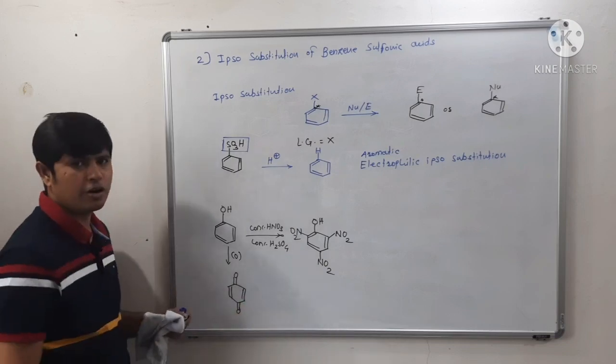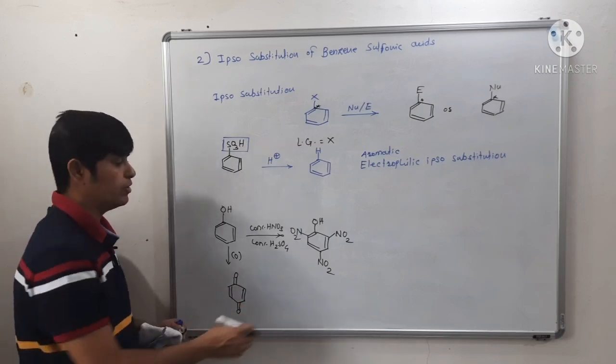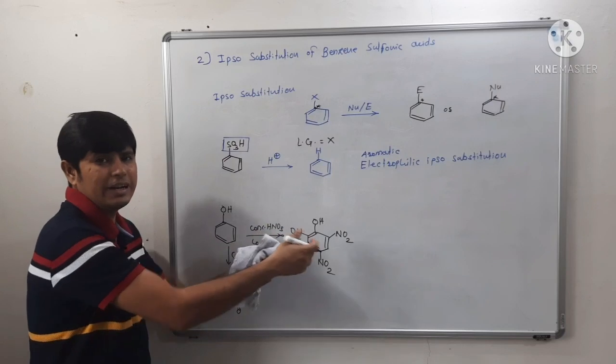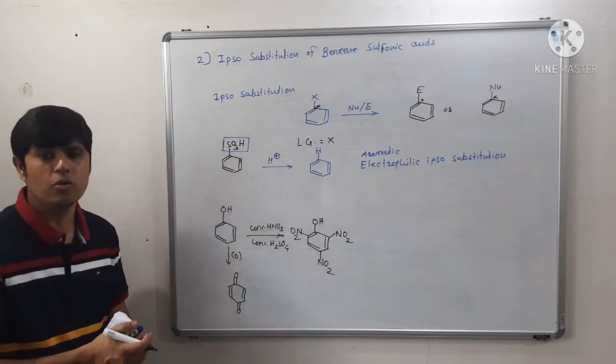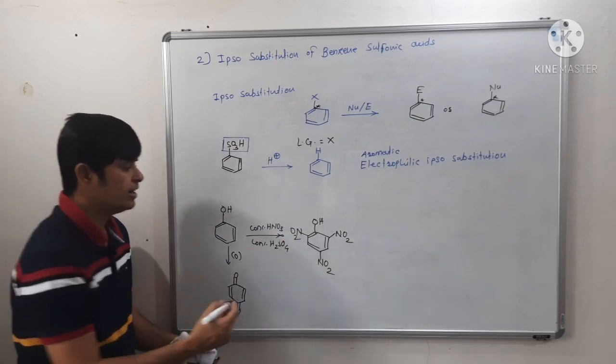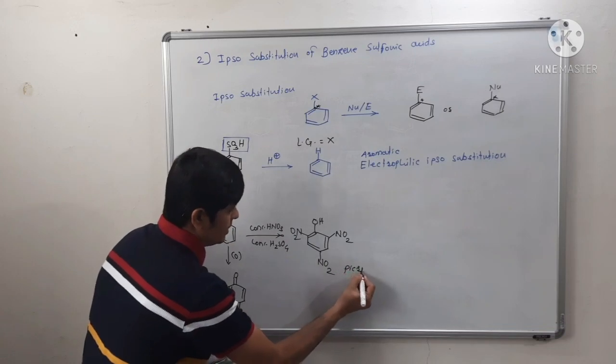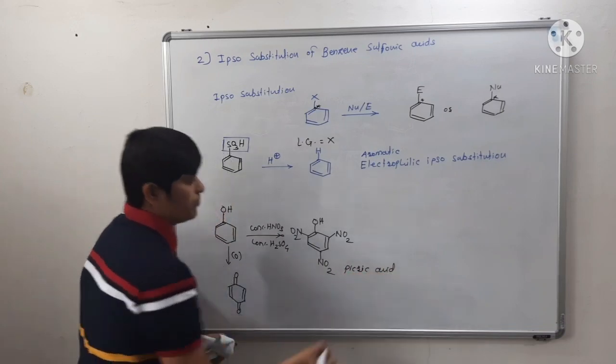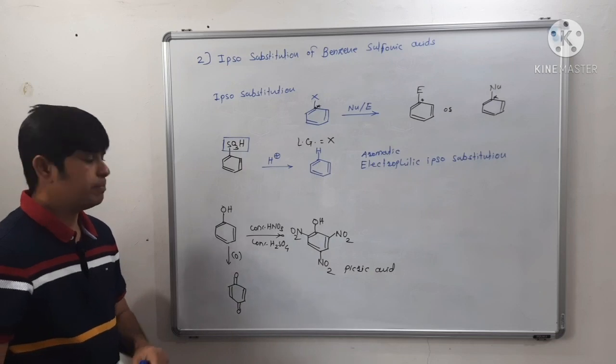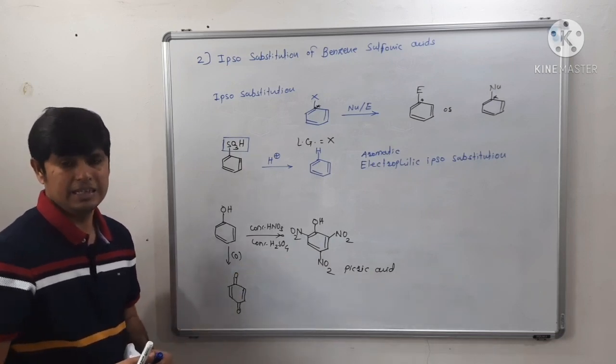We are not getting a higher yield of picric acid. Hence, nitration of phenol to get picric acid is difficult, isn't it?